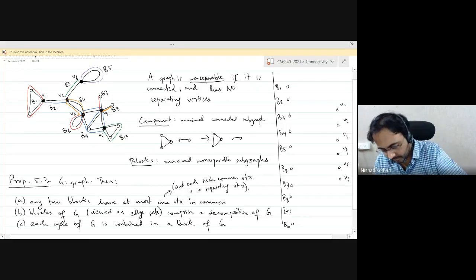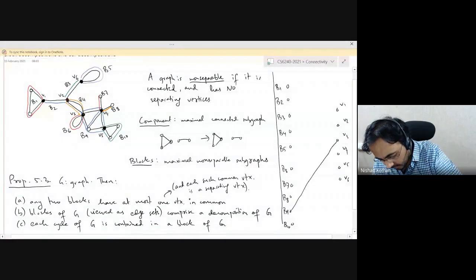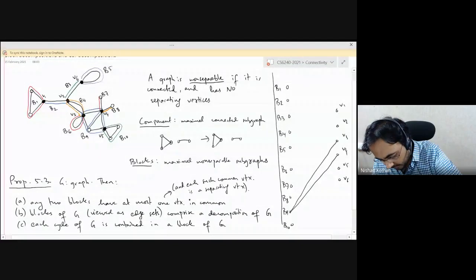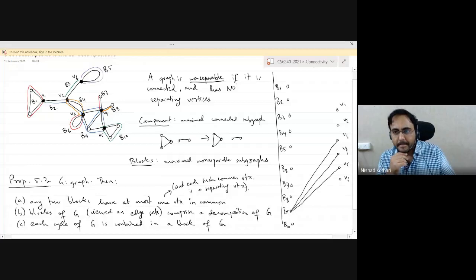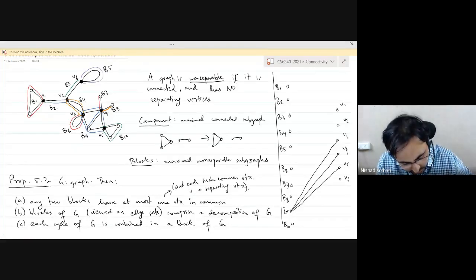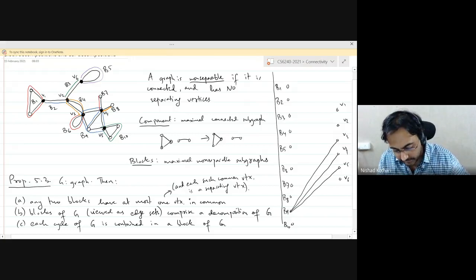So I'm going to join B9 to V3, V4, and V5. Similarly, the block B5, which is a loop, contains just one vertex, which is V6. So B5 is joined to V6.